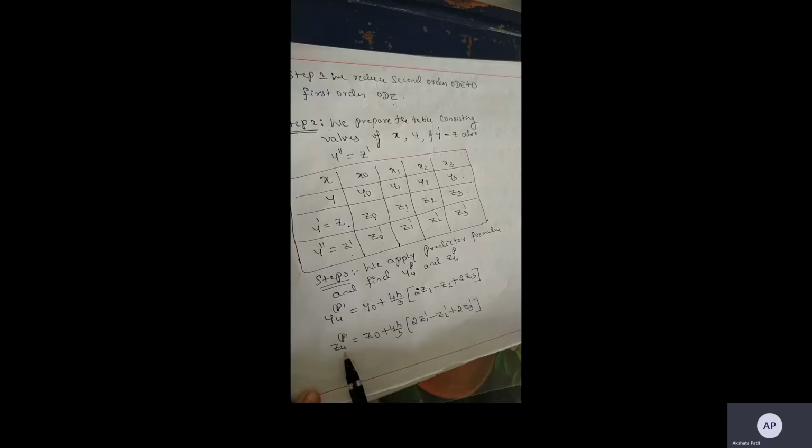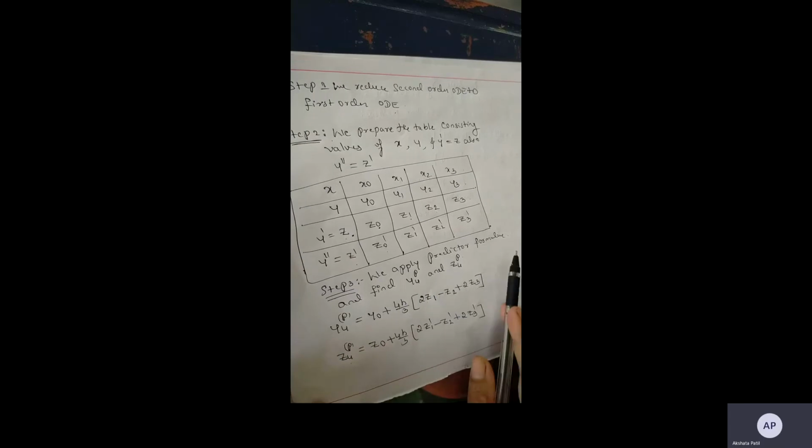So the z4 of predictor formula is z0 plus 4h by 3 into 2z1 dash minus z2 dash plus 2z3 dash. In step 3 we apply the predictor formula and find y4 of predictor and z4 of predictor.